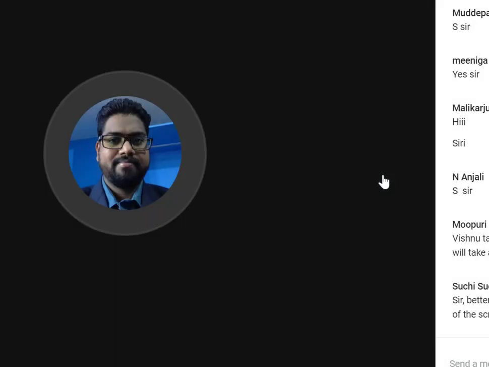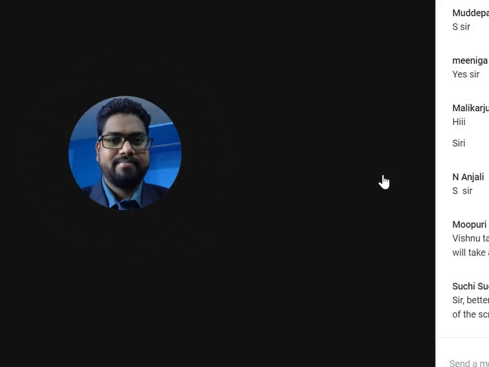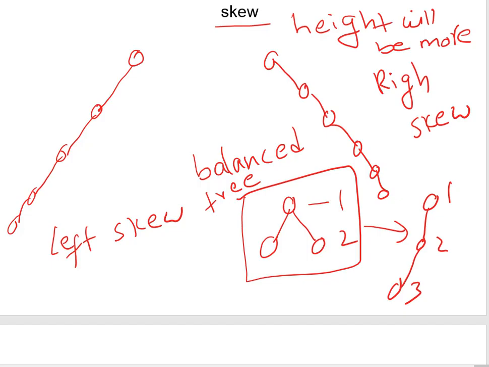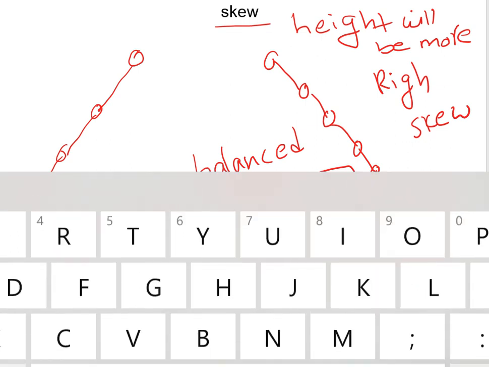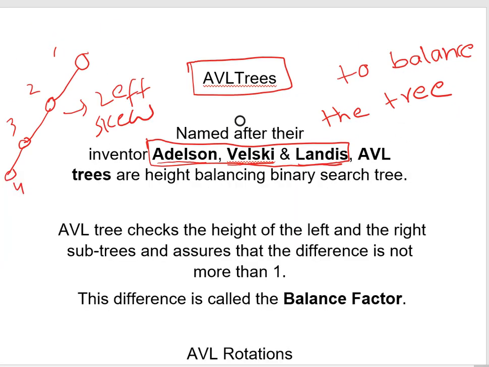So how we can balance the height means with the help of the technique called AVL trees. AVL tree is also called a balanced tree.